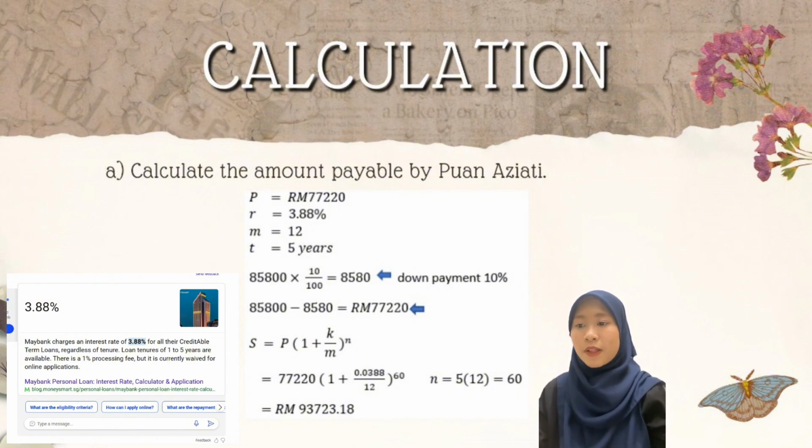S equal to principal bracket 1 plus K over M bracket N. So fill in with the information. 77,220 ringgit, bracket 1 plus 0.0388 per 12, bracket 60. What is 60? 60 equal to N, which is 5 years times 12 months, equal to 60. So overall, the total is 93,723 ringgit and 18 cents.